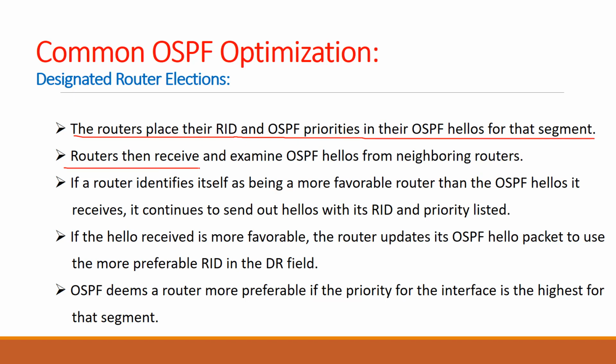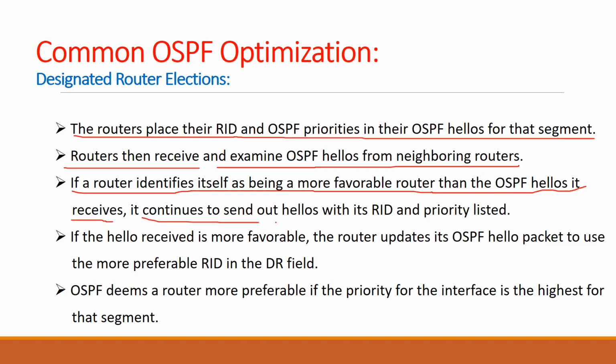Routers then receive and examine OSPF hellos from neighboring routers. If a router identifies itself as being a more favorable router than the OSPF hellos it receives, it continues to send out hellos with its router ID and priority listed.